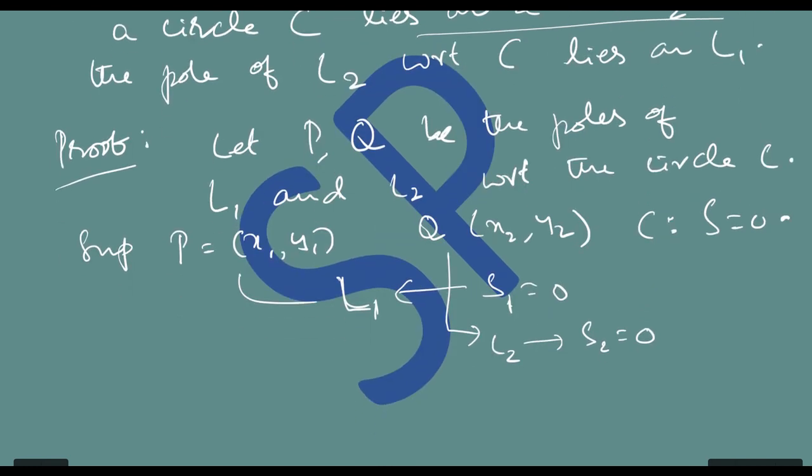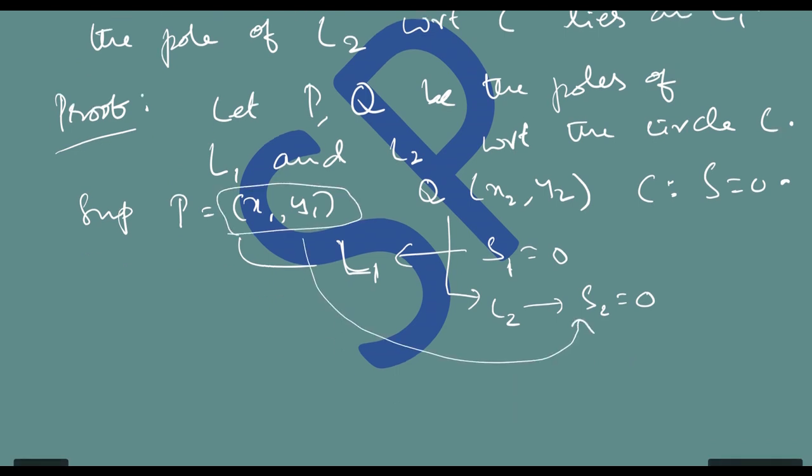What does it mean? What is the pole of L1? (x1, y1). It lies on L2. What is L2? S2 equal to 0. So it satisfies. You substitute x1, y1, you will get S12 equal to 0.